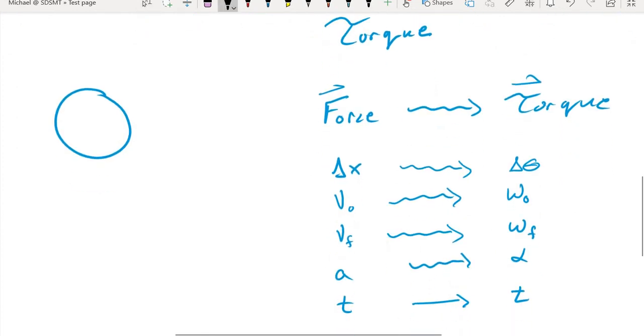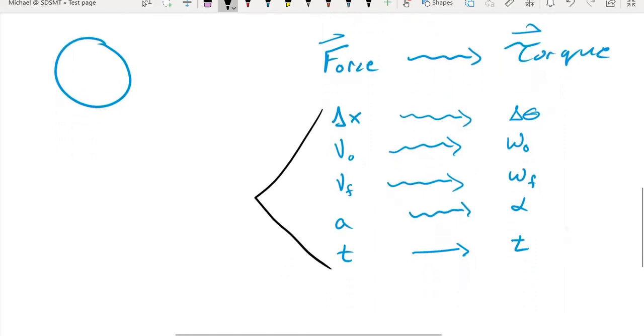Well, let's see if we can do this term for term rewrite that we've been playing around with. We had a lot of success with taking the 5 kinematic equations and rewriting them in terms of the angular equivalents. So let's take Newton's second law, which says that F equals ma.